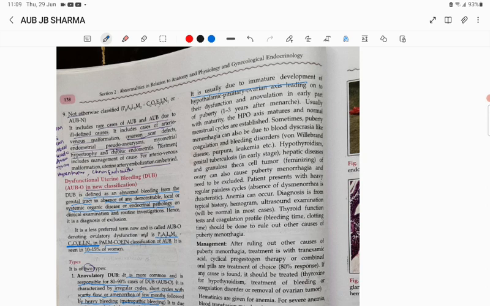Usually with maturity, the HPO axis matures and normal menstrual cycles are established.